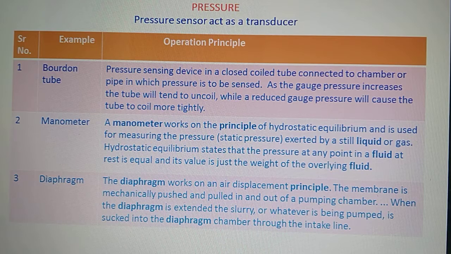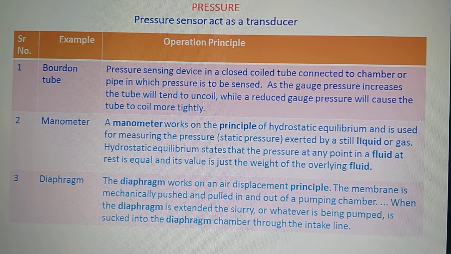to coil more tightly. The next kind of pressure sensor is a manometer, which we have already used in the labs. The manometer works on the principle of hydrostatic equilibrium and is used for measuring the static pressure exerted by a still liquid, a liquid which is not moving, or a gas.